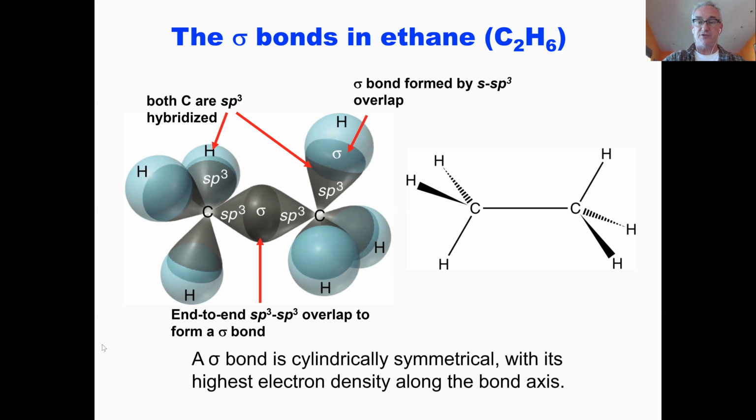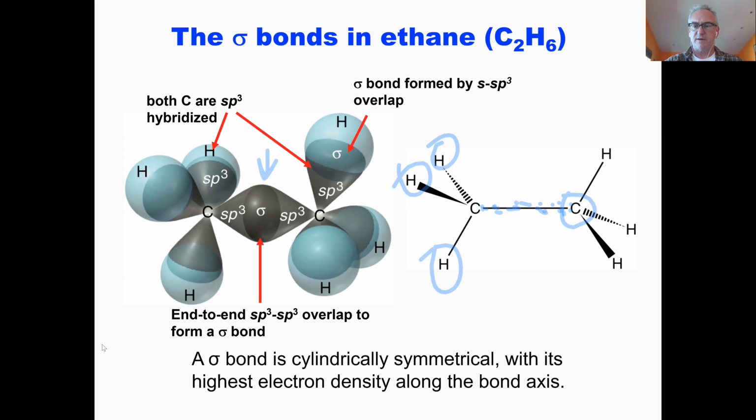So we have just a direct overlap of orbitals. Here's our two sp3 orbitals coming together, because each carbon has 1, 2, 3, 4. They're each bonded to 4 atoms. So they have 4 regions of electron density. So they're sp3.